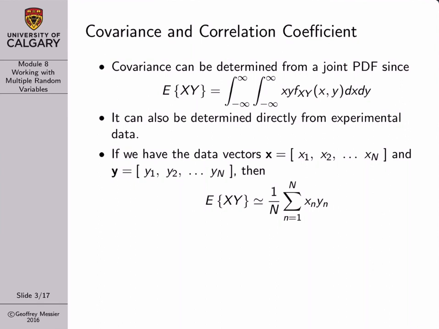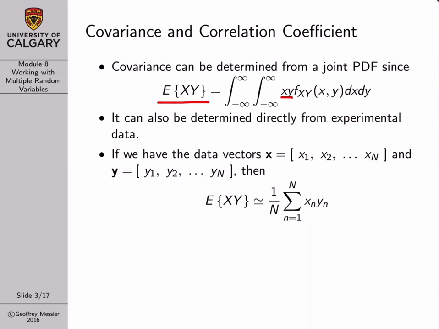So you can see on the previous slide that the expression for covariance contains the mean of the random variables x and y. We know how to calculate the mean. The only quantity that's new is the expected value of the product of x and y. And that can be determined from the joint PDF just by multiplying the joint PDF by x and y and performing the double integral.